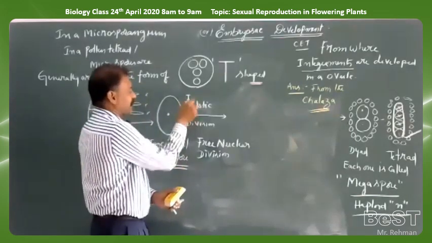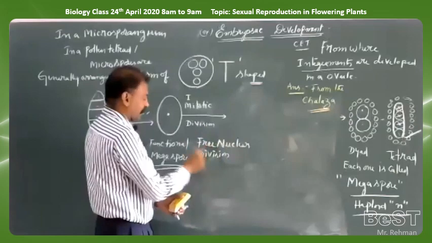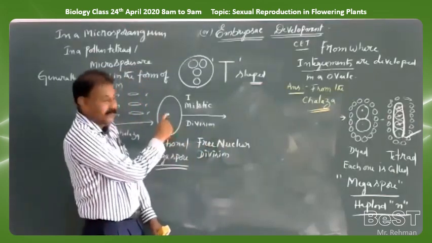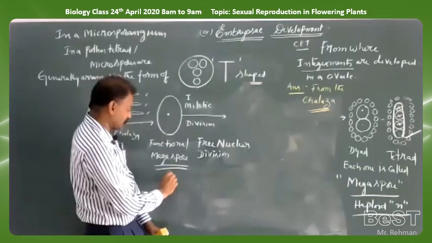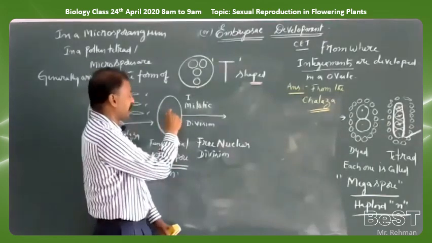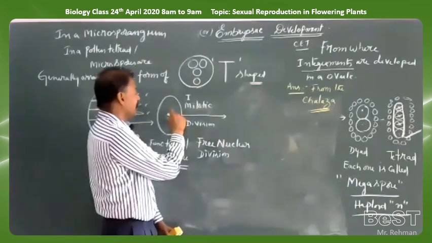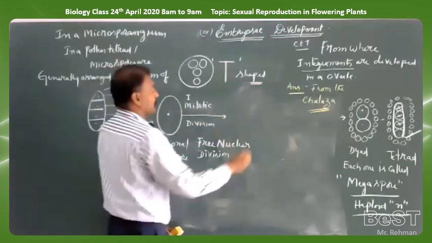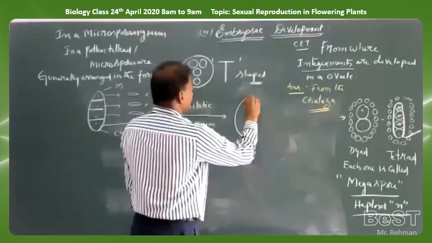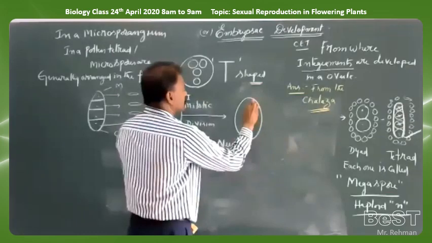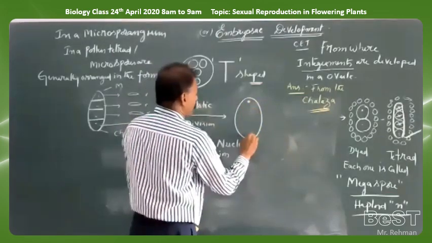Now, after the first mitotic division or free nuclear division, what happens? The nucleus present in the functional megaspore, which is haploid, divides into two, and these two nuclei reach opposite poles.